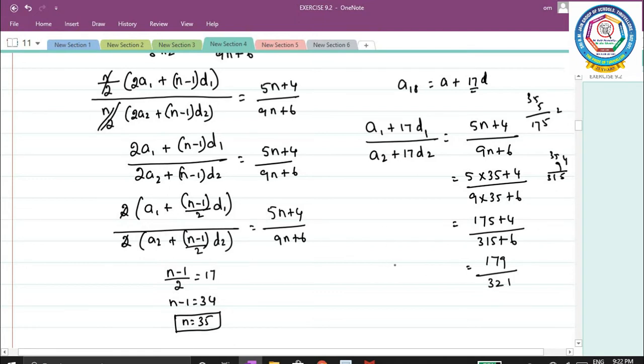Therefore the ratio of the 18th terms, (a1 plus 17d1) by (a2 plus 17d2), is 179 by 321.